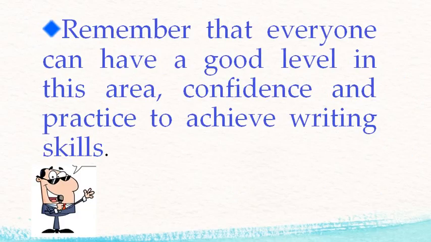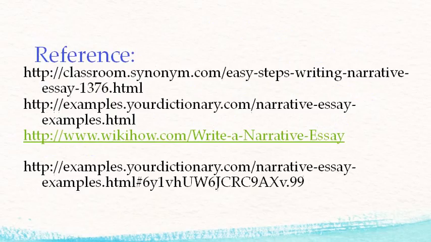Okay, as a conclusion, if we want to have a good level in this area, we need to be confident and practice to achieve writing skill. That is the only way that we're going to get good and perfect results and objectives in our life. And finally, here we have the references, and that's it.